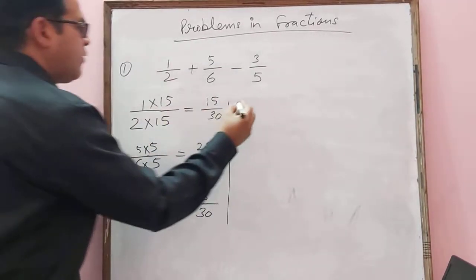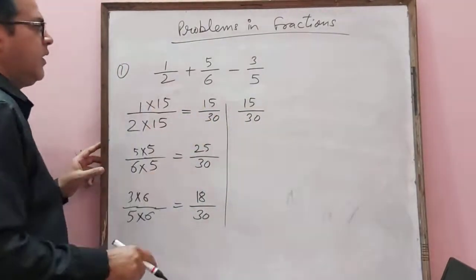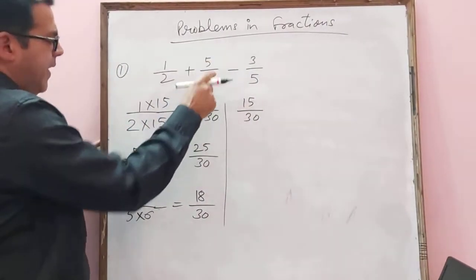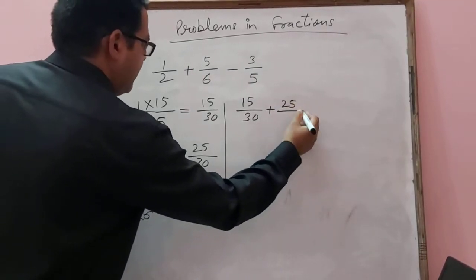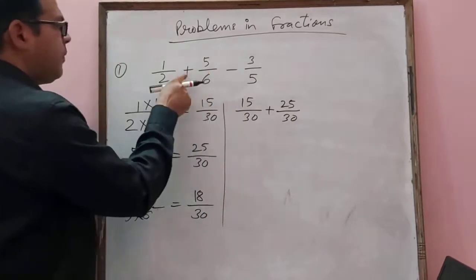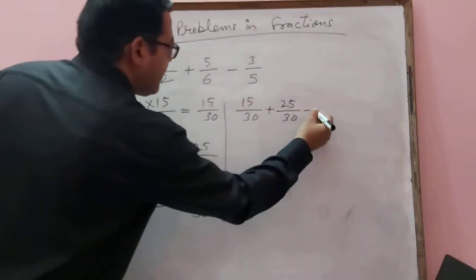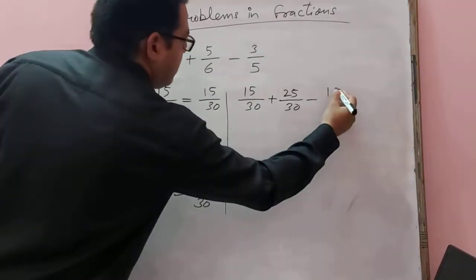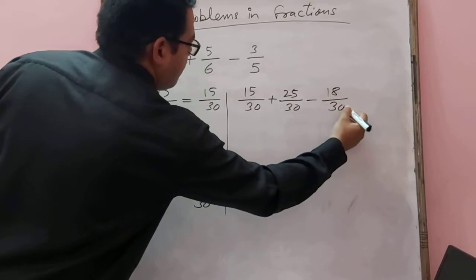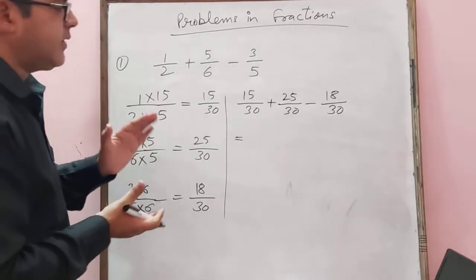Now instead of 1 by 2 we can write 15 by 30. In place of 5 by 6 we can write 25 by 30. Since there is a plus sign in between, we write plus here. After that minus is there, and 3 by 5 we can write as 18 by 30. Now you can see the denominators are the same.